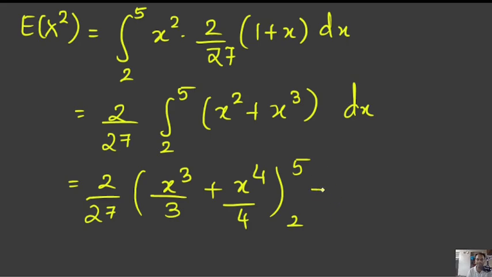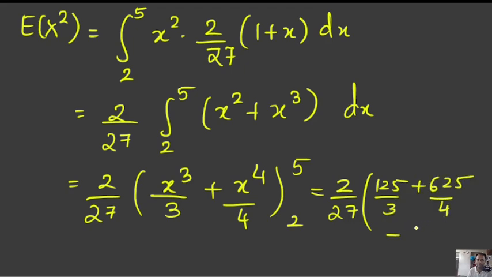When you substitute, you'll get 2/27, and then there are big terms coming down the line: (125/3 + 625/4) minus (8/3 + 16/4). On simplifying all these calculations, you will get E(X²) as 85/6. This is the value of E(X²).